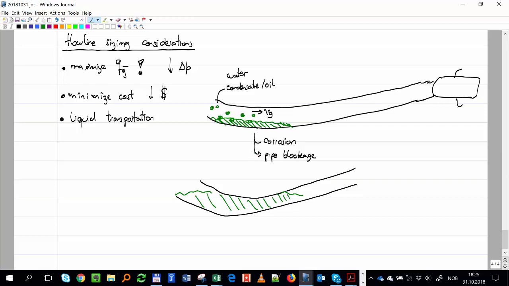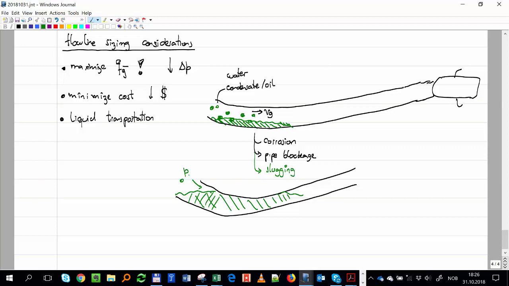Or you can also have slugging. Have you ever heard the term before, slugging? Yes? Okay. In that case, usually when you have a blockage, you have a significant amount of liquid accumulated in the pipe. The pressure here starts to build up because the gas cannot flow anymore through that elbow.